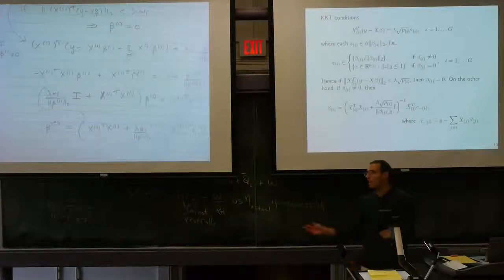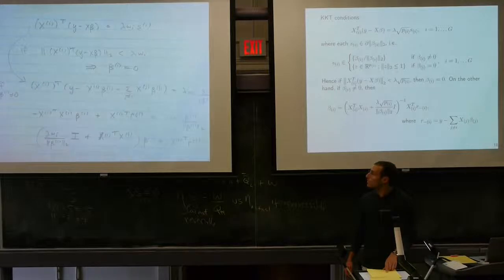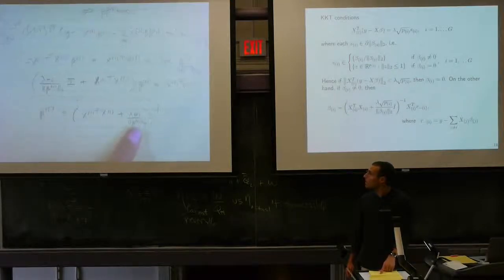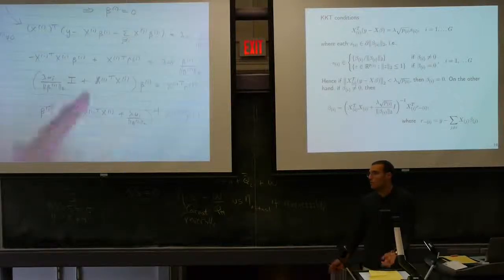So I'll start with a guess at the entire block of coefficients, and I'll go through one block at a time, check whether I should set it to 0. If not, I'll solve it according to this, using the 2-norm of beta I from the last iteration, and just keep cycling through. And that'd be a pretty easy algorithm to implement too.